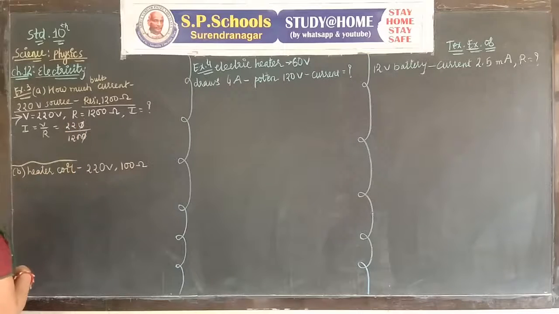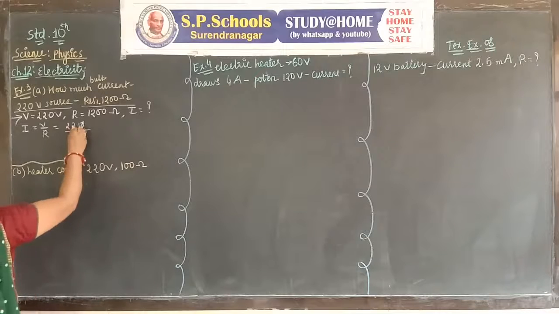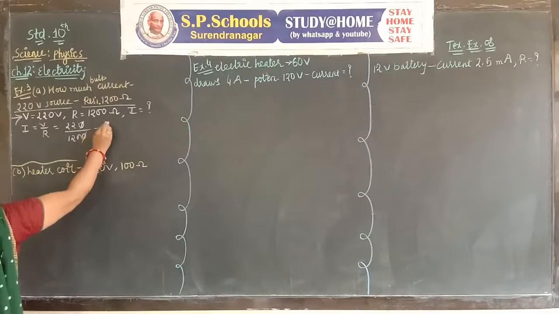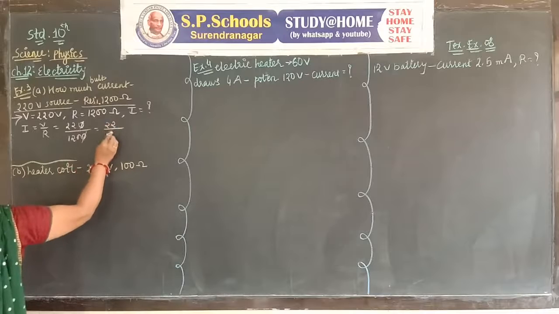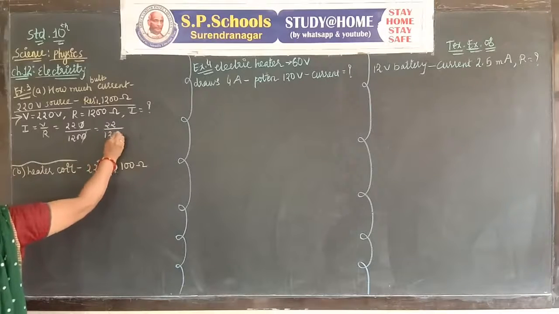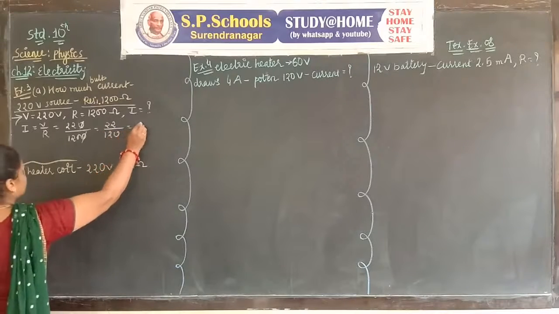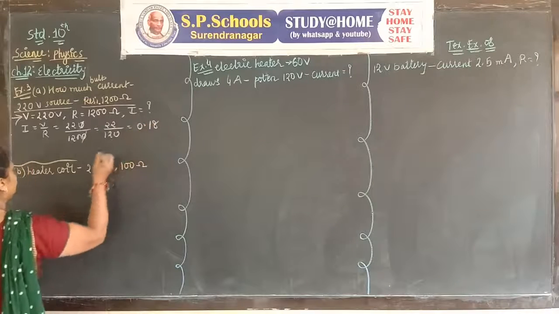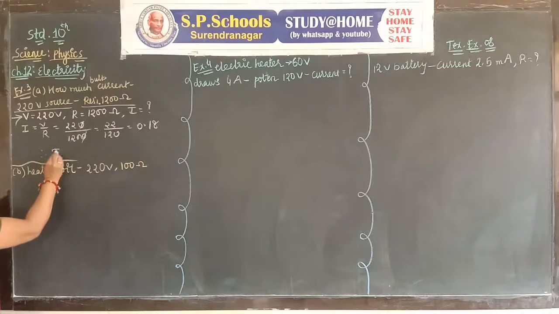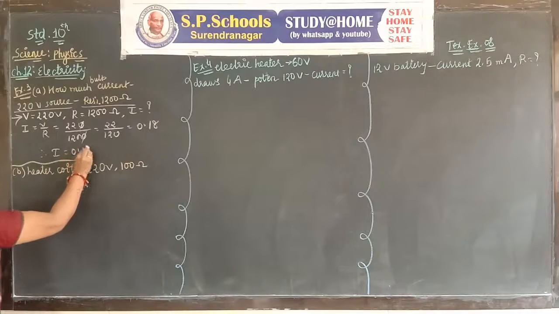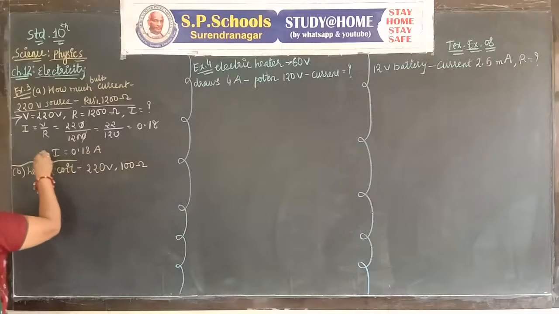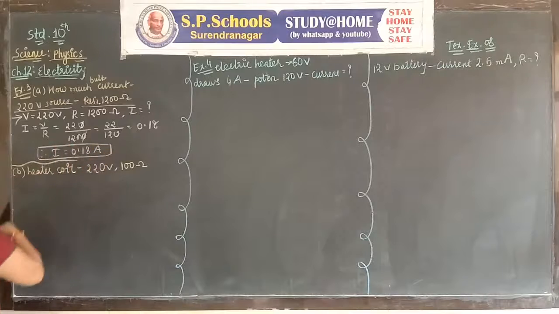We cancel by 10 and divide: 22 upon 12. It will be 0.18. So here we find I is equal to 0.18 ampere. Always write your answer in a box.